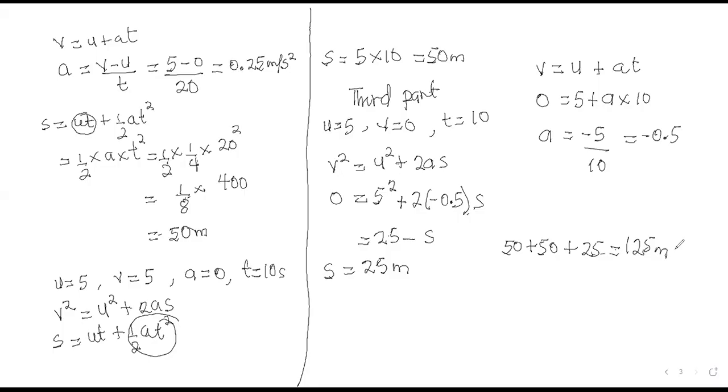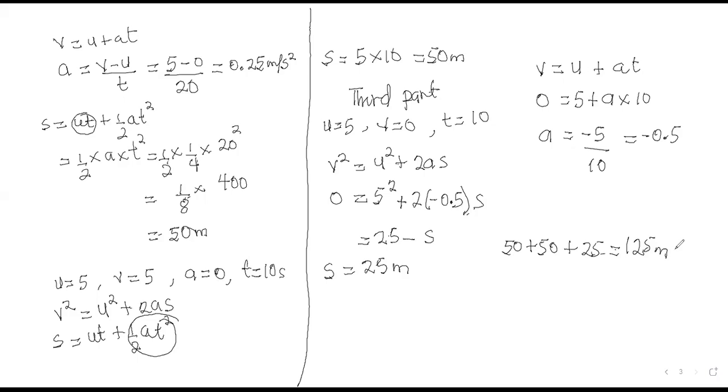A body starts from rest and accelerates to a velocity of 5 meters per second in 20 seconds. This ends the first part of the motion. Then listen to the next part.